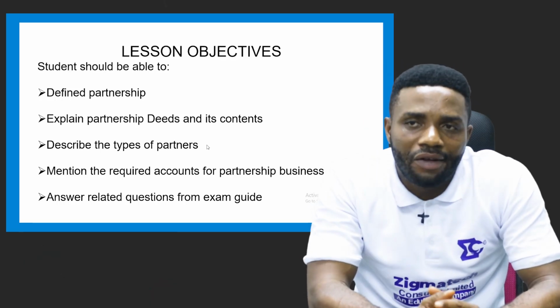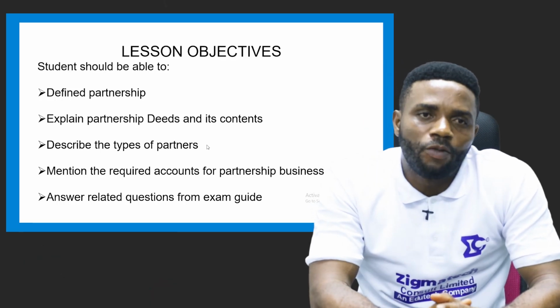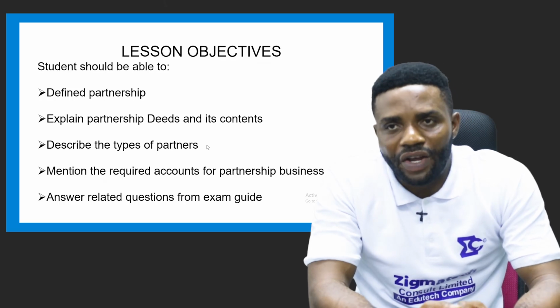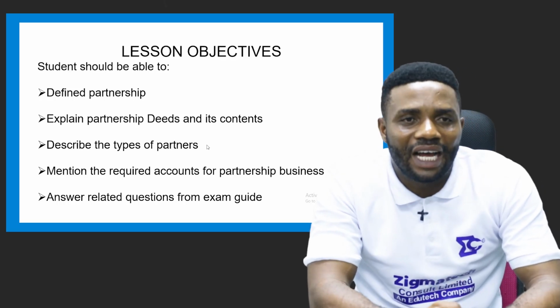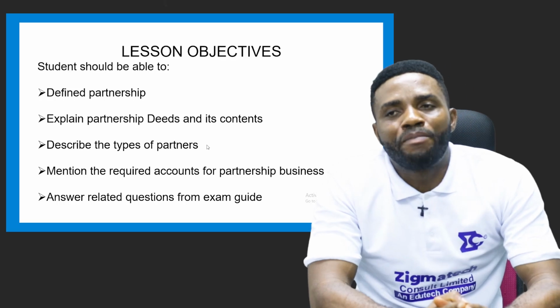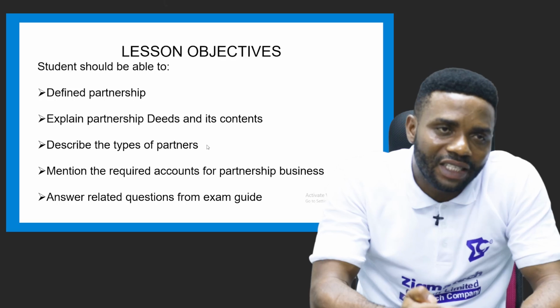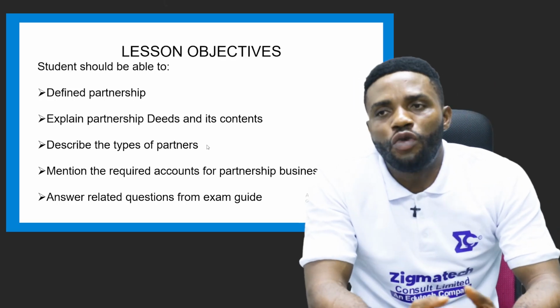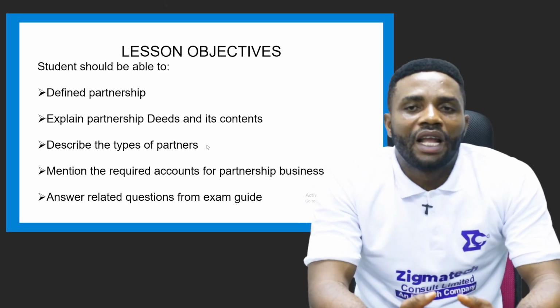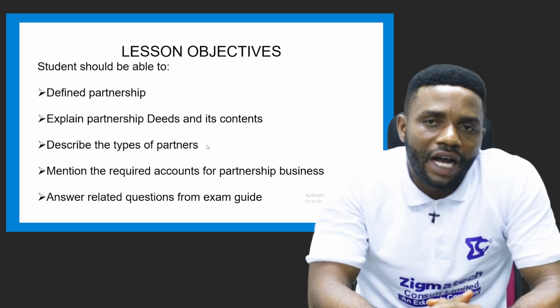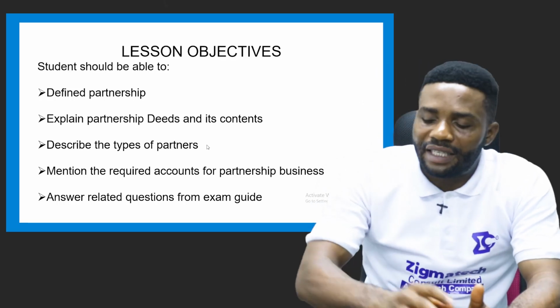Not every account is prepared for partnership business. We have selected accounts that are very, very important in the preparation of partnership business. If you don't understand these various accounts, you won't be able to prepare them. And then the last but not the least, we will answer related questions from our exam guide.